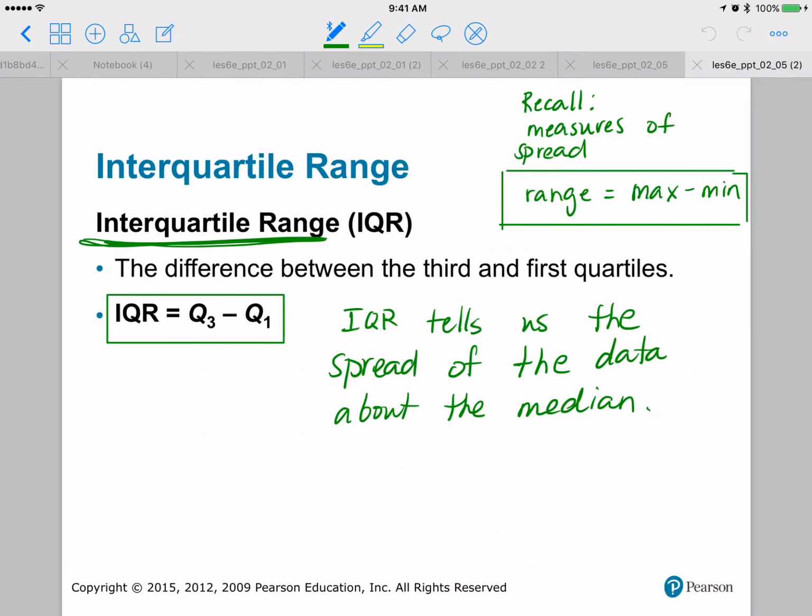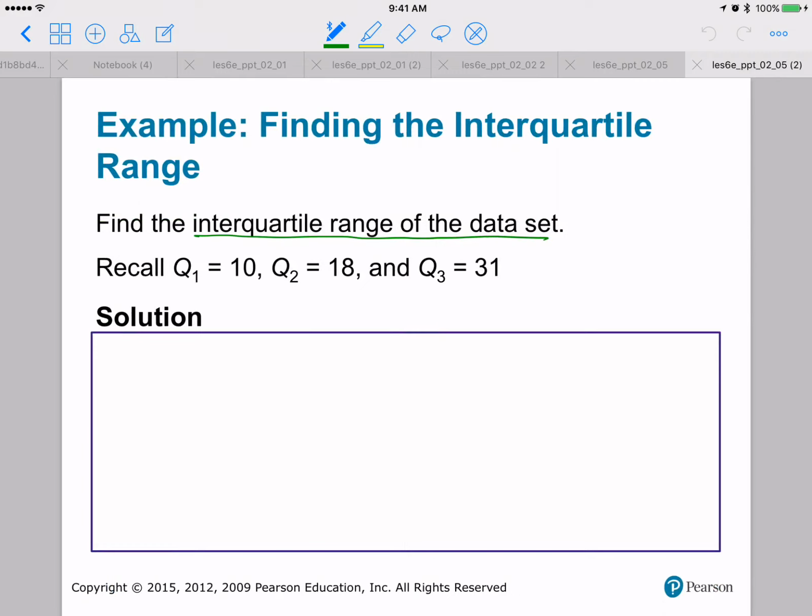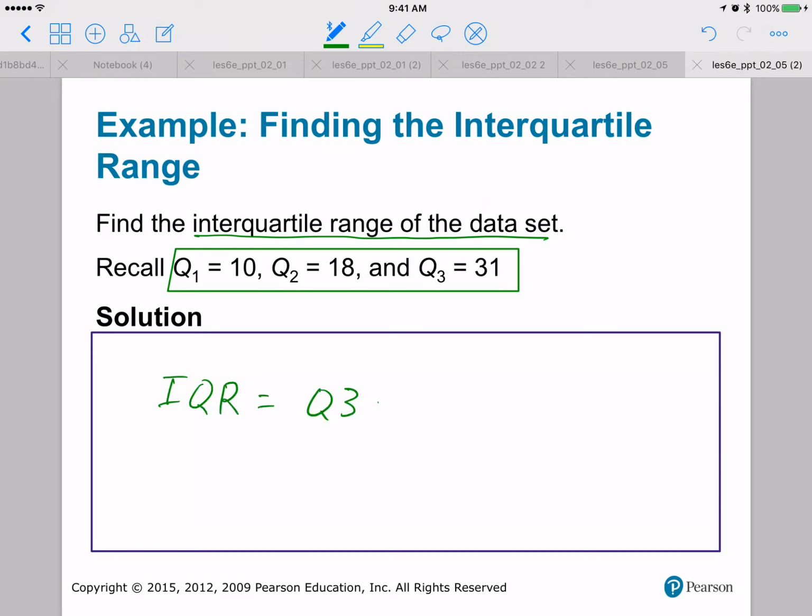We know that Q1 is equal to 10, Q2 is 18, and Q3 is equal to 31. So the solution is quite simple. IQR is equal to Q3 minus Q1. That's 31 minus 10, which is equal to 21. So IQR is a number, just like the range is a number.